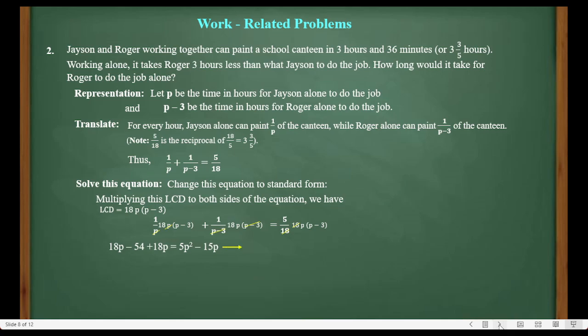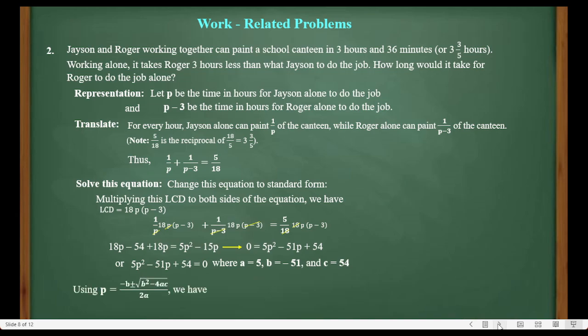And then we do some transposition of terms and combine similar terms. The equation is now expressed in standard form, and that is 5P squared minus 51P plus 54 equals 0, where A, B, and C are 5, negative 51, and 54 respectively. So obviously, the method to use in order to solve this equation is the quadratic formula.